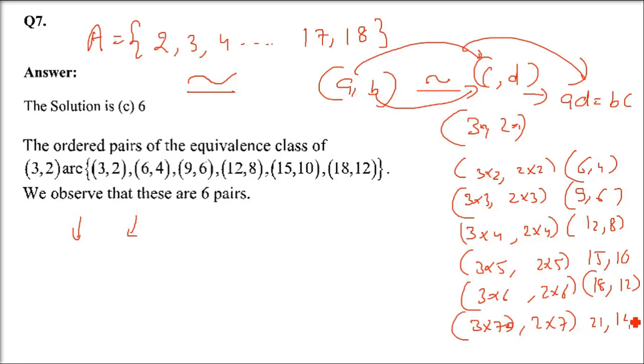Because 21 is not in the set, we outrightly deny it. So we will take (3, 2), (6, 4), (9, 6), (12, 8), (15, 10) and (18, 12).